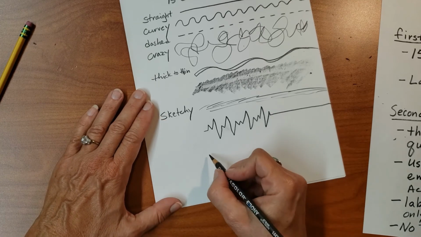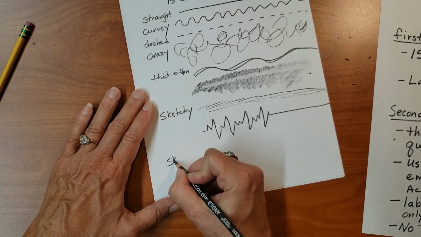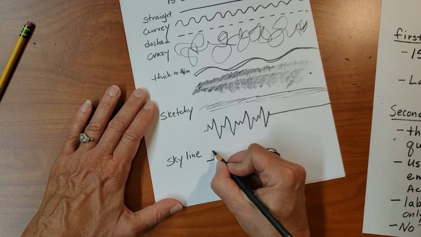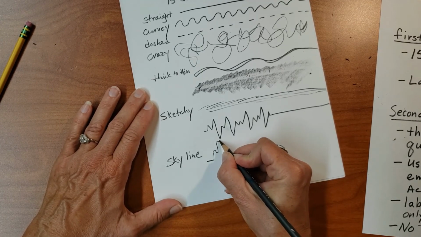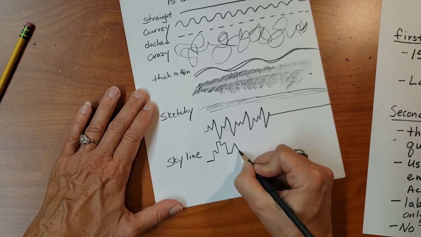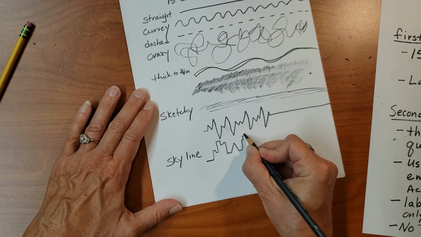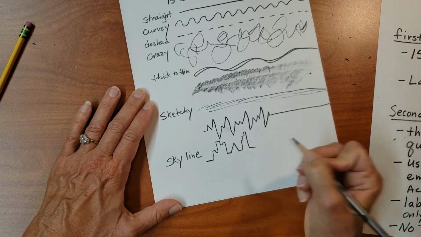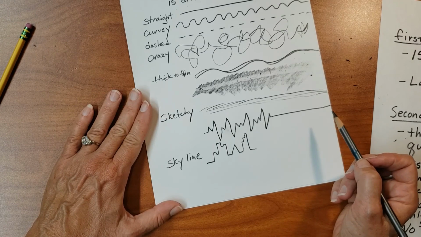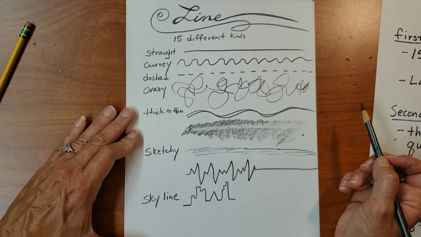What if you wanted to try something like this? Be inventive. See what you can think of. All right. 15 different kinds of line on the front, or however many pages it takes for you.